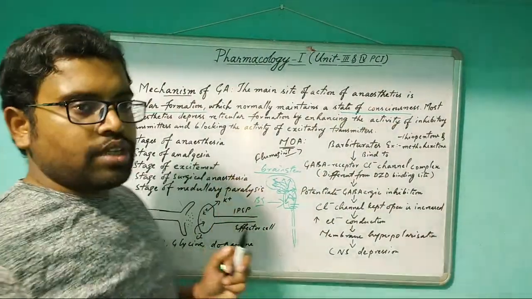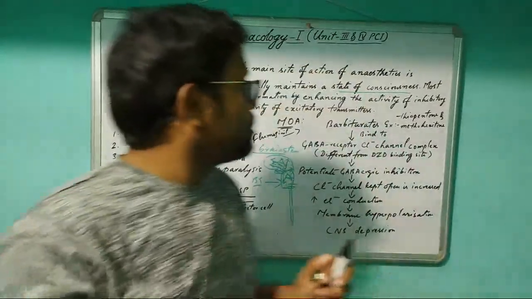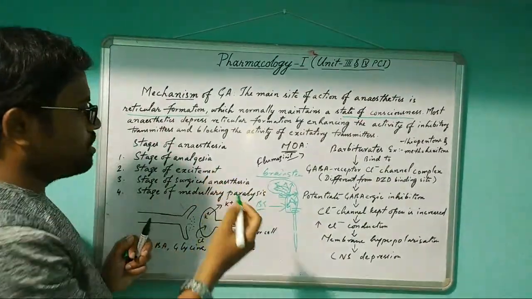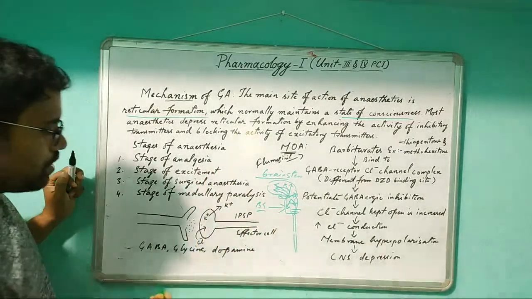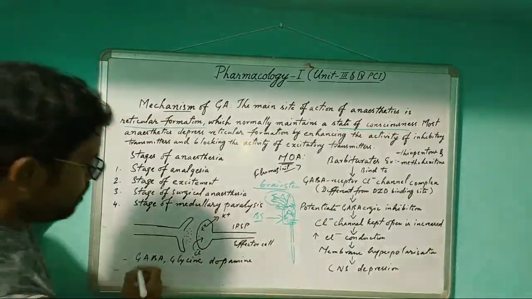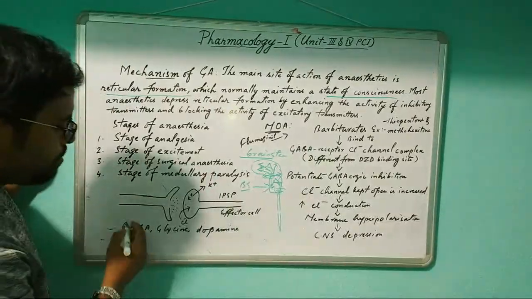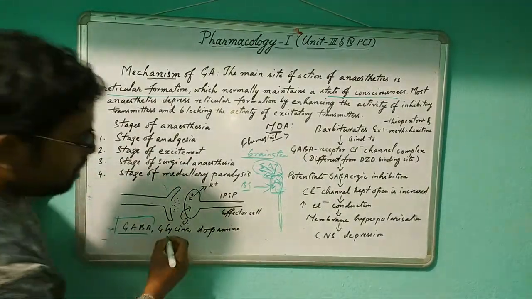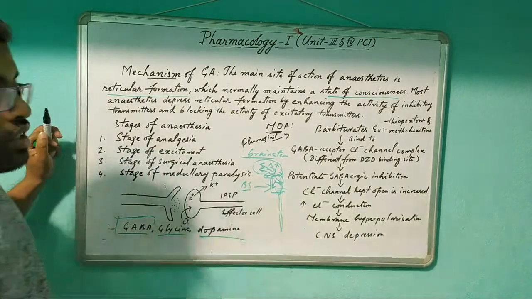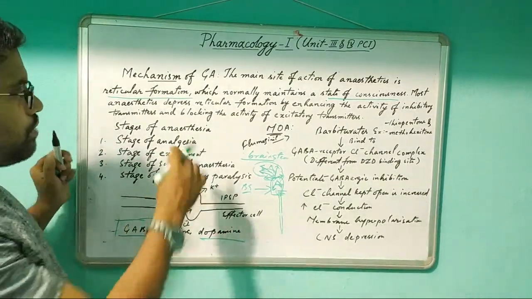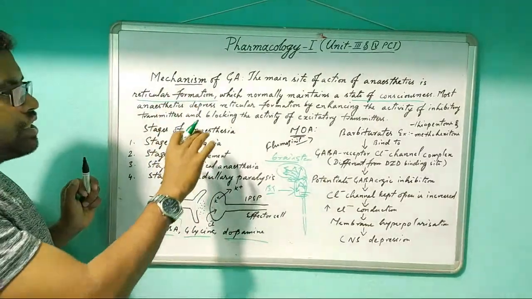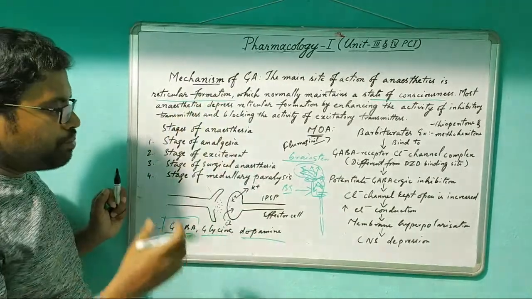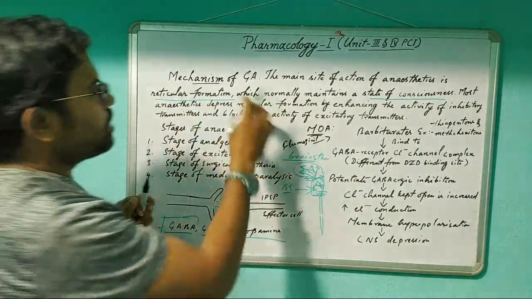When we are using general anesthesia, GA, the general anesthetic agents act as agonists of drugs like GABA, the natural inhibitory neurotransmitter, and glycine, dopamine. When we use a general anesthetic, these depress the reticular formation.